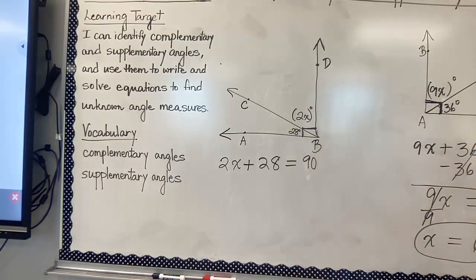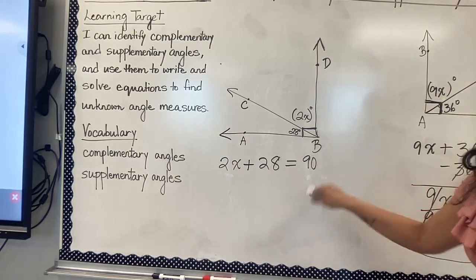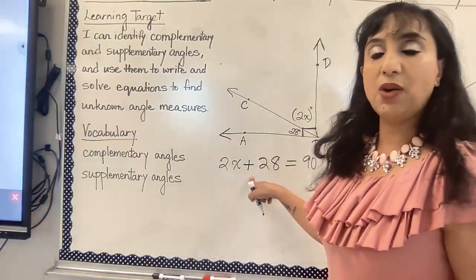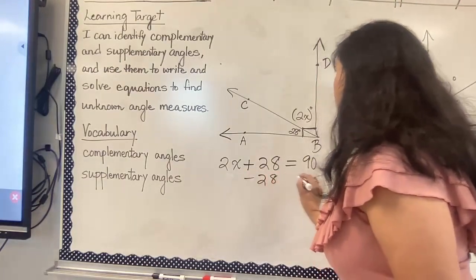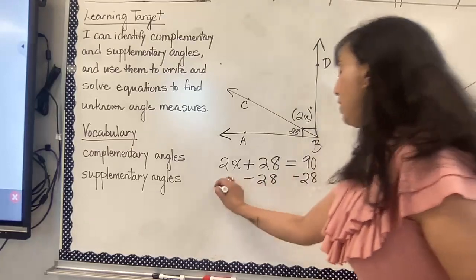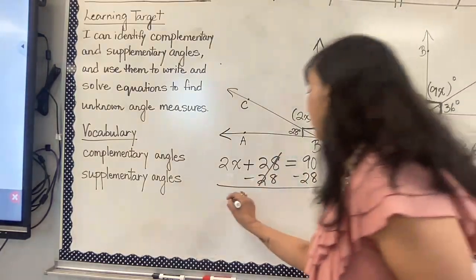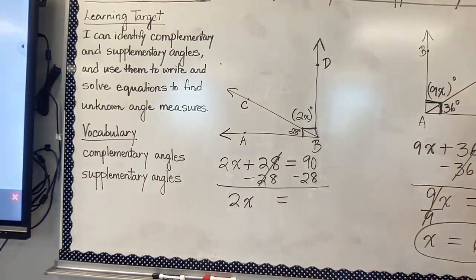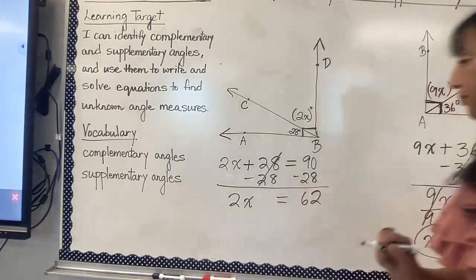And then I'm just solving this equation. So this was the equation written out, and next I'm going to solve it. The opposite of addition is the subtraction property of equality. I'm going to subtract 28 from both sides of the equation. 28 minus 28 is 0. So I'm left with 2x is equal to 90 minus 28, and I get 62.